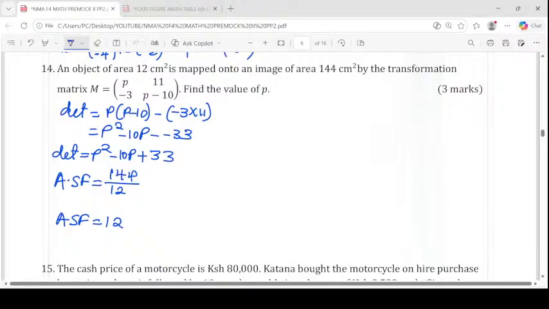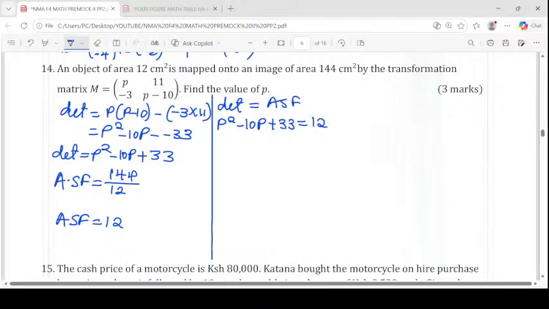There is a relationship between the area scale factor and the determinant of the matrix of transformation: the determinant is equivalent to the area scale factor. That means P squared minus 10P plus 33 is equivalent to 12.